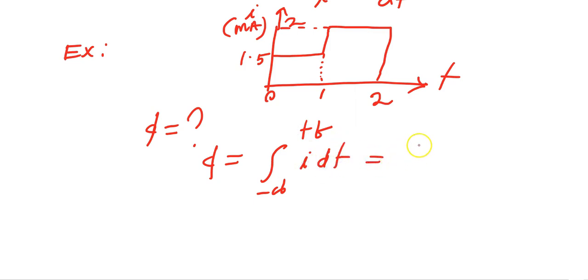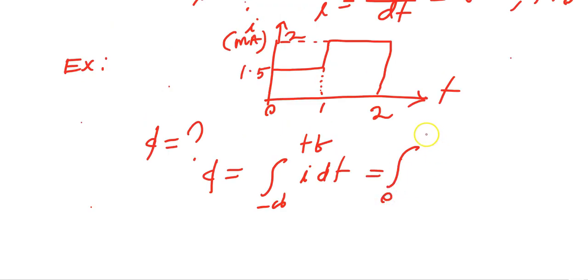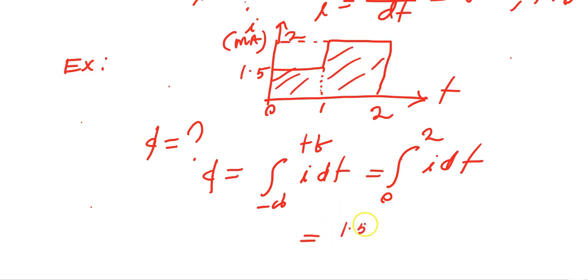So here it is 0 to 2, i dt. If you do the integration it is okay, but you can see that this is the area needed, that is 1.5 × 1 plus 2 × 1, that is 3.5 millicoulomb. Clear?